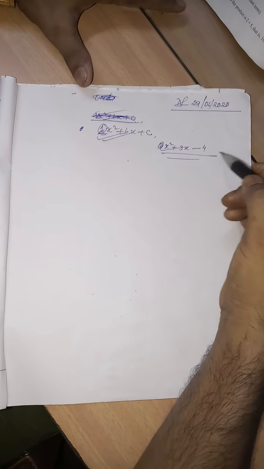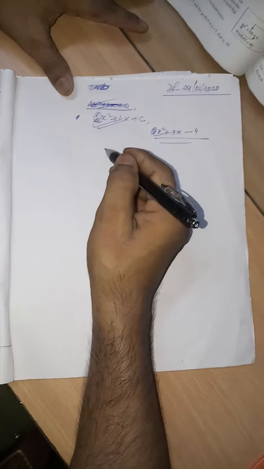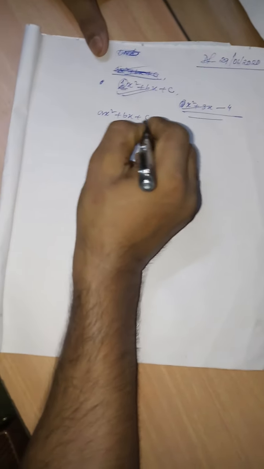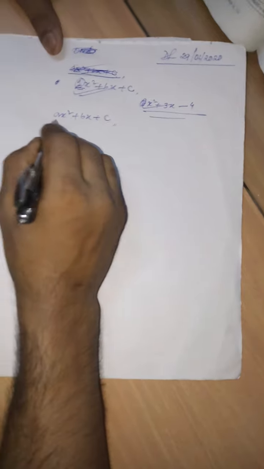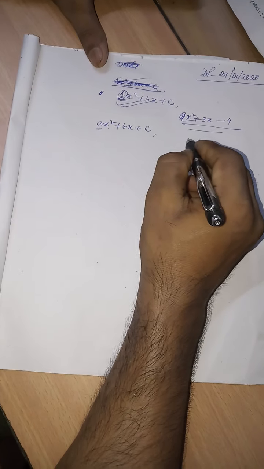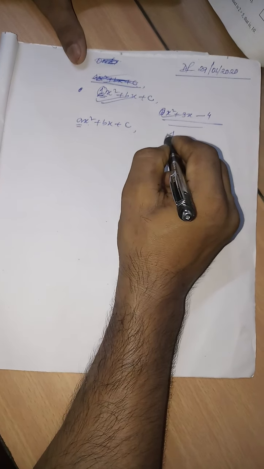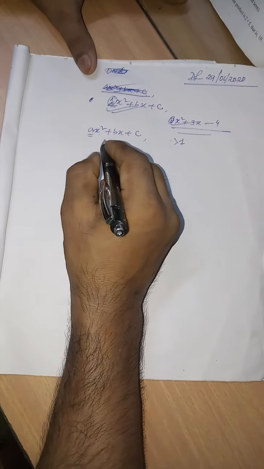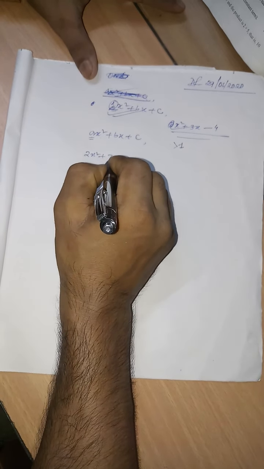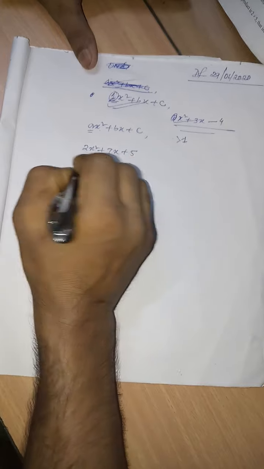Today we are going to learn another type of factorizing trinomial of the form ax square plus bx plus c. Here the coefficient of x square is greater than 1. For example, 2x square plus 7x plus 5.